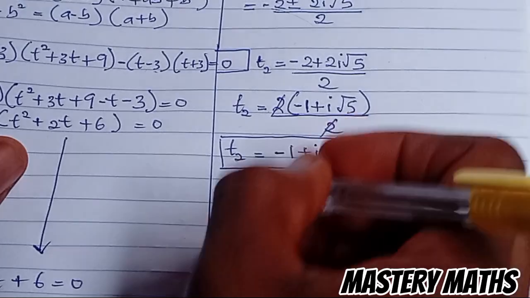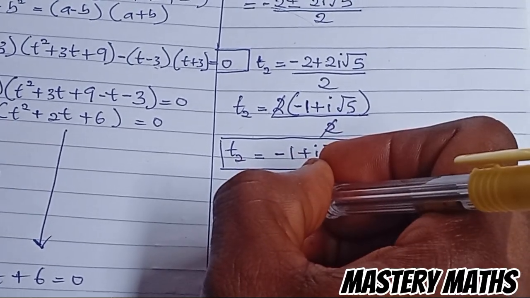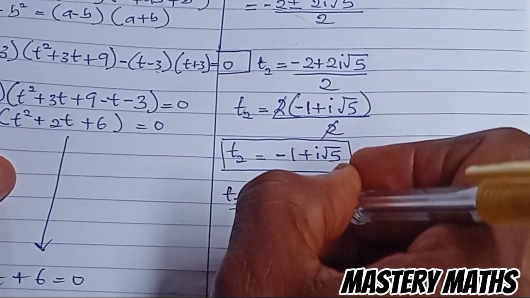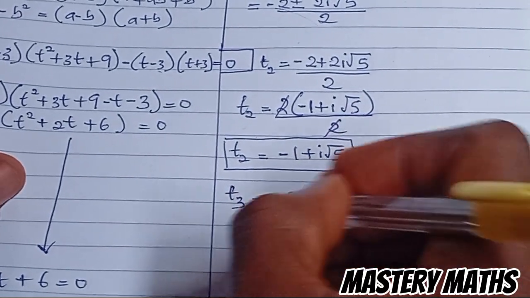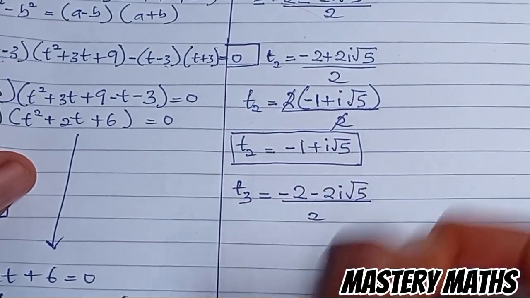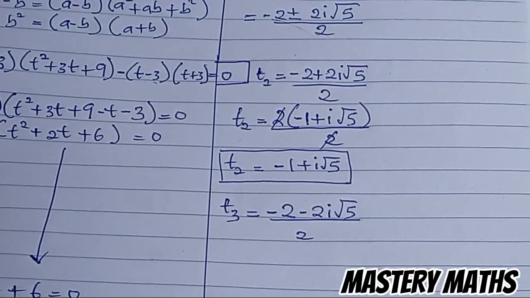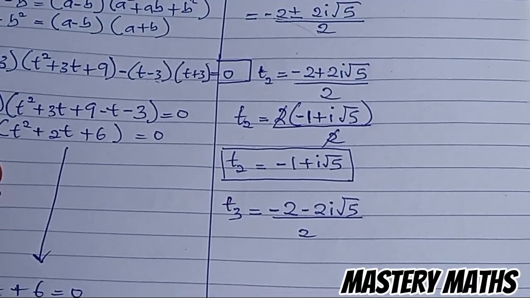For T3, which will give us minus 2i root 5 over the 2. The same thing we did in the first one, T2, is how we do T3. We look for the common factor.